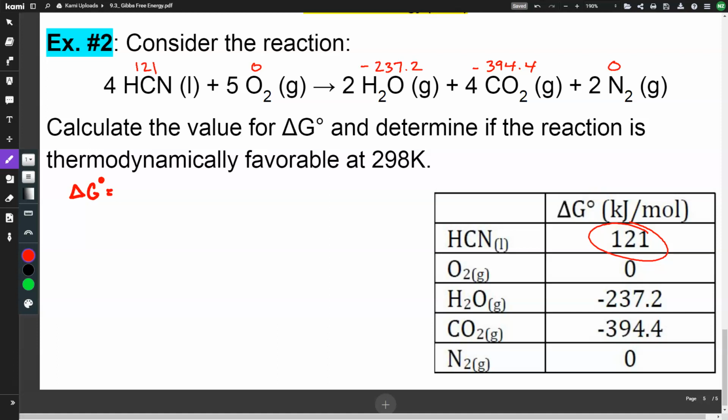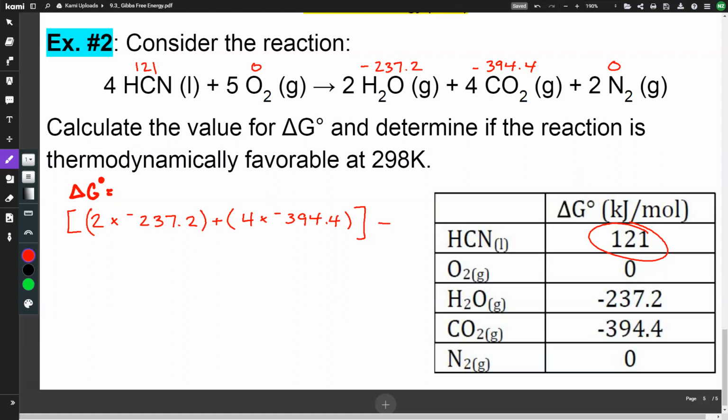Okay, so we've got our products. We have two H2Os, so 2 times negative 237.2. I'm going to add that to my 4 CO2s, negative 394.4, and then 0 for N2. I'm not going to even do that one because it's 0.